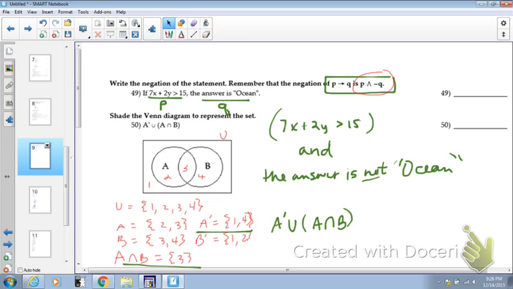The union is just all of those points together. So I have 1, 3, and 4. And those are the sections that I'm going to shade. So I just leave that larger part of A out. Okay, that's our review.